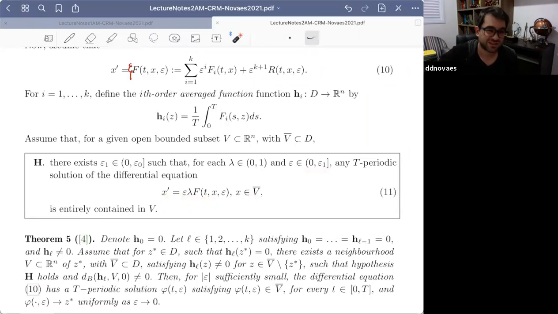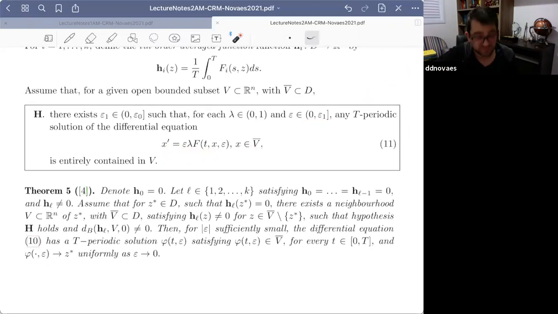Okay, so this is a very strange hypothesis. It may be very hard to satisfy and verify. However, I'm going to show an example where we check this hypothesis and some remarks on geometric effects that imply this hypothesis. But it's a very natural hypothesis in the context of operator equations, you see.